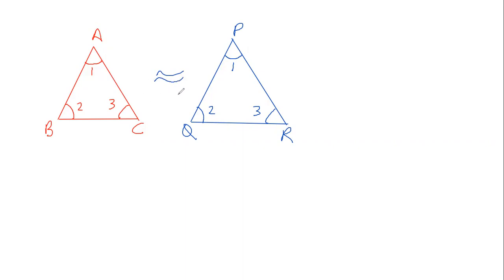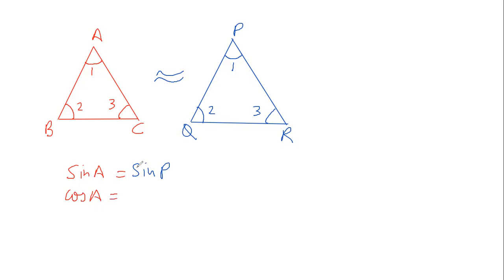The point that you need to know in trigonometry is if two triangles are similar, the sine and cosine of the equal angles will be equal. So I can say sine of A is equal to sine of P, because both the angles are equal, so their sine will also be equal and their cosines will also be equal.